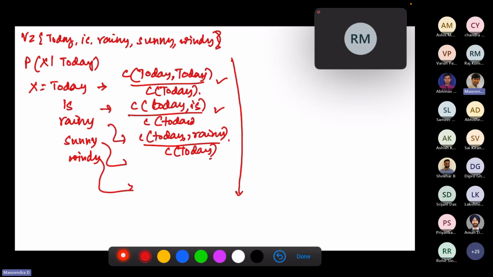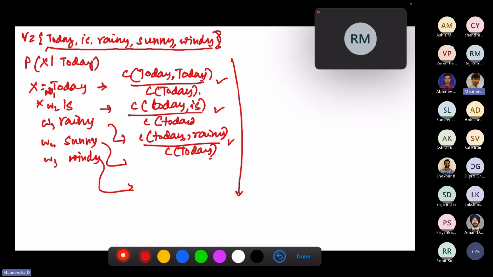If the first word is today, the second one will be any of these 5 words. The count of today being followed by a word cannot be more than the number of times today appears, so each of them is less than 1 also. Now if you sum them up, let me write it: this is X, this is W1, W2, W3, W4, W5.